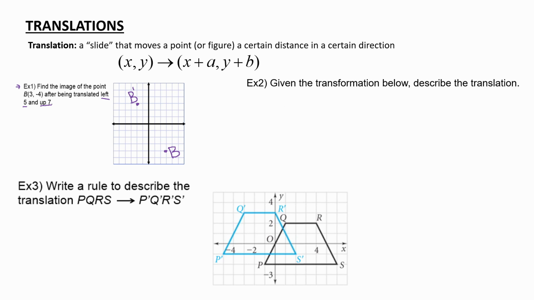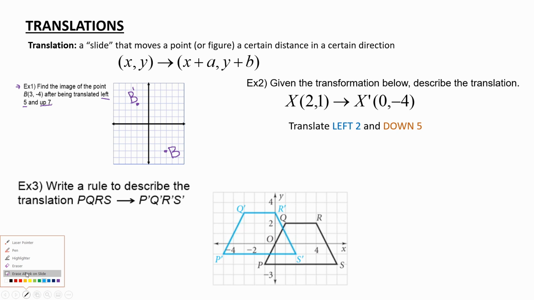Moving on to our second example, it says, given the transformation below, which you'll have to add into your notes, describe this translation. So we're starting at X at (2, 1), and we're ending at X prime, which is at (0, -4). And so the way that I would describe this is I've gone from 2, which we'll highlight here, we've gone from 2 to 0, so I've gone left 4.